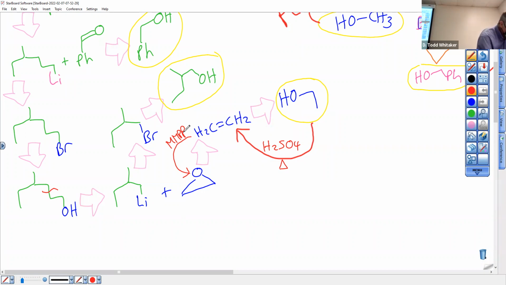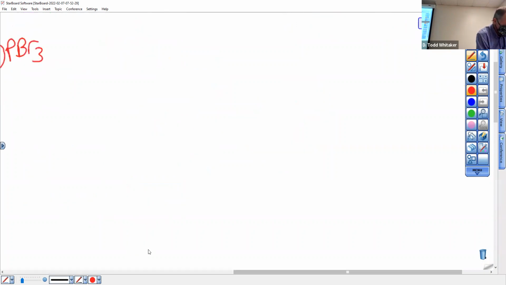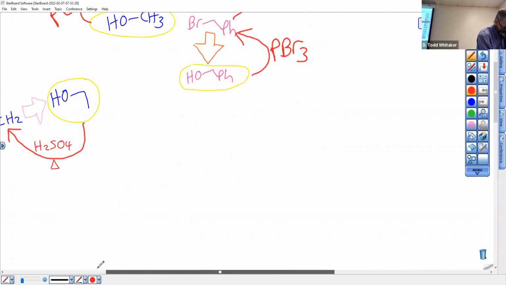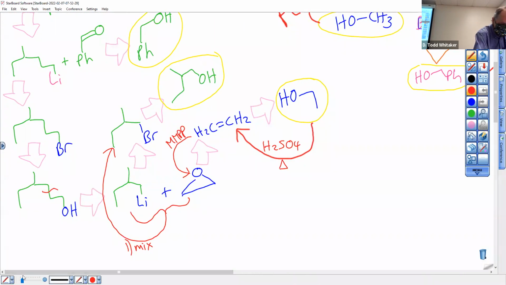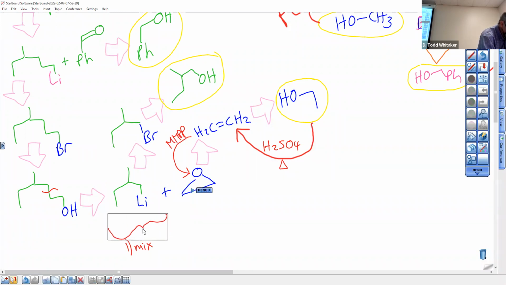Then I'm going to take, well, I can't mix these things together yet because I haven't made the organolithium. But when I do mix them together, they're going to make this. And once again, you have to mix them first, and then you're going to get an O minus. Whoa, I went the wrong direction. The thing doesn't point up there.